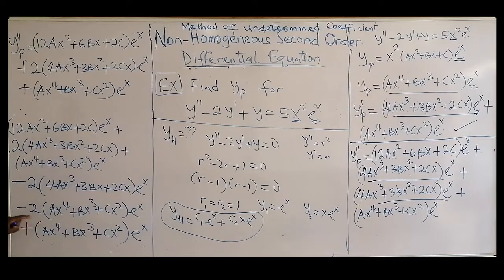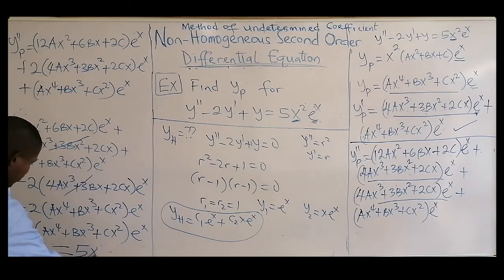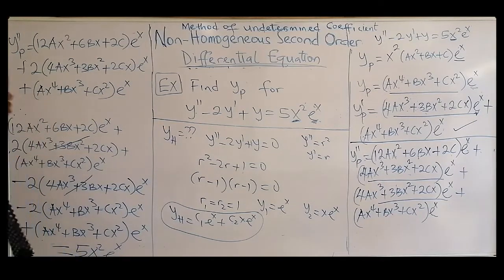So we have minus 2 here and 1 here, so that one is combinable. Then 2 of 4ax³, 3bx², 2cx: this one cancels out, this one cancels out. Then I put equal to the right-hand side, 5x²eˣ.